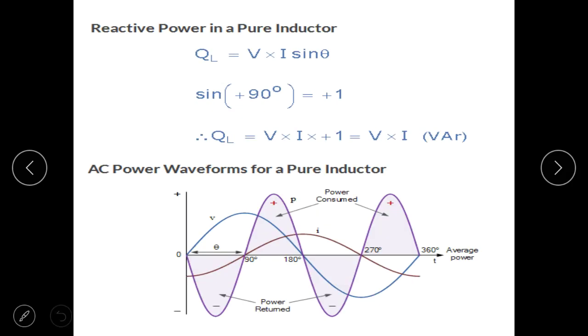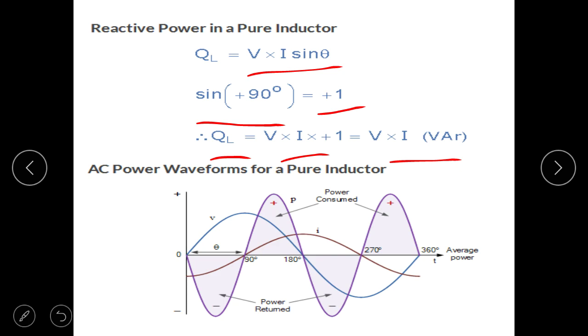So reactive power in an inductor is Q is equal to VI sin theta, and sin 90 degrees is equal to 1. So Q is equal to V into I, that is VI var, volt ampere reactive. This is the unit of reactive power. So it represents that the inductor stores energy, but it does not dissipate any energy in the circuit, and there is no power loss in a pure inductive circuit.